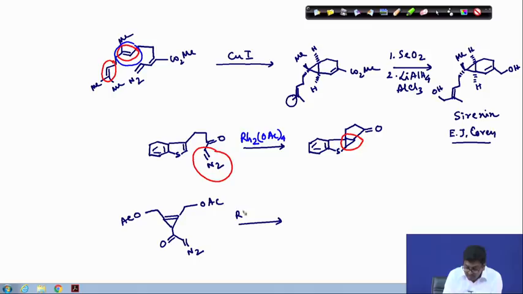Now, again under a rhodium complex, this will generate the metallocarbene, and overall the product will be the insertion of this metallocarbene into this double bond, and eventually that will give the product.